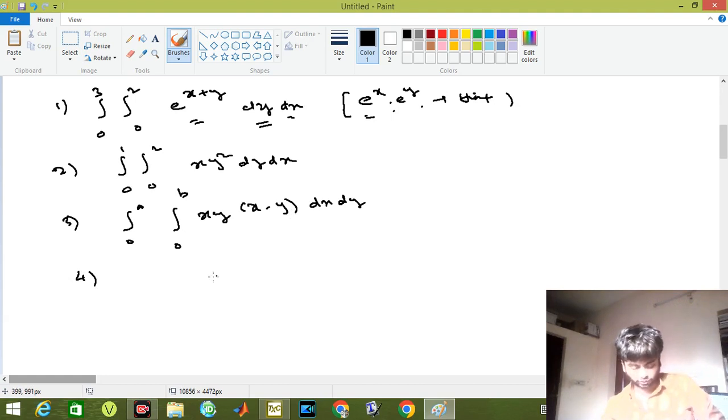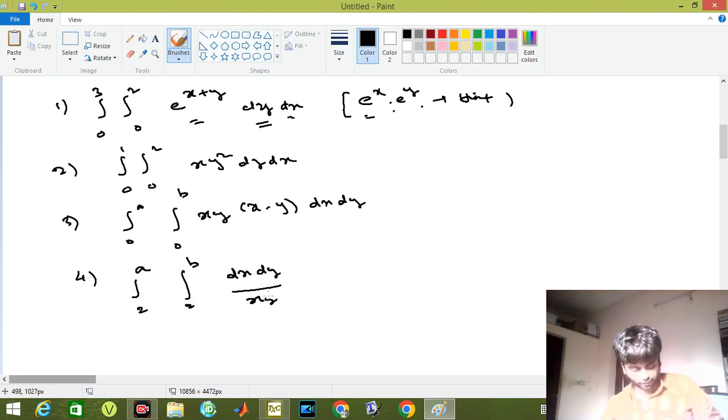The fourth problem is the integral 2 to a and integral 2 to b of dx dy divided by xy.